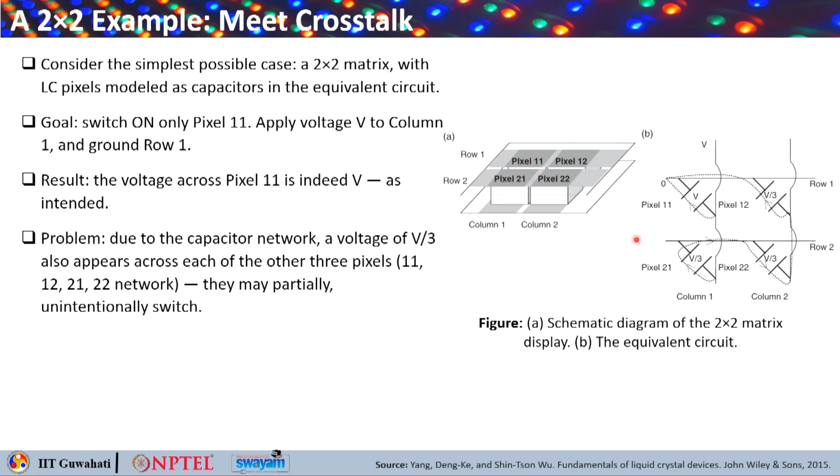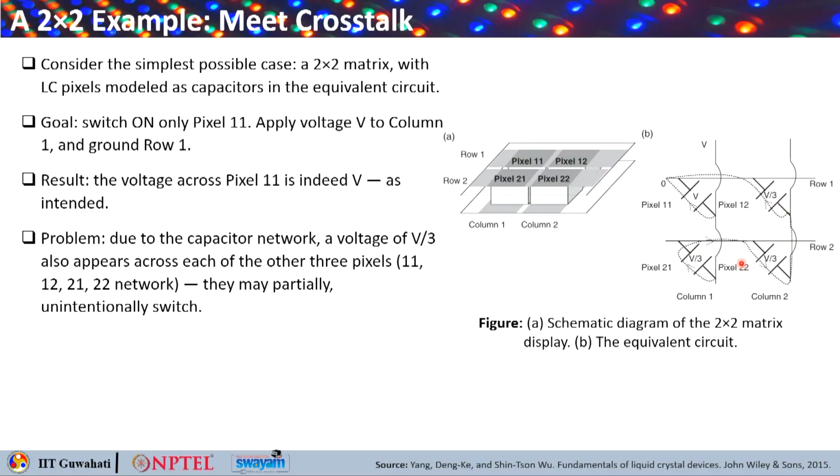Now the problem here is that due to the capacitor network, a voltage of V by 3 will also appear across the other 3 pixels, that is 1 2, 2 1 and 2 2, which are all in parallel. So only our pixel 1 1, sitting at the intersection of row 1 and column 1, sees the full voltage V applied across it.